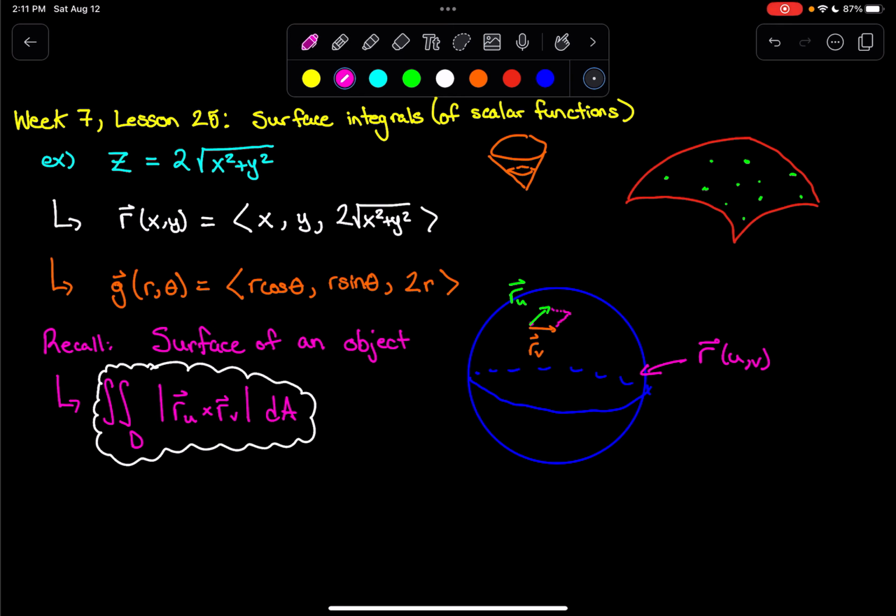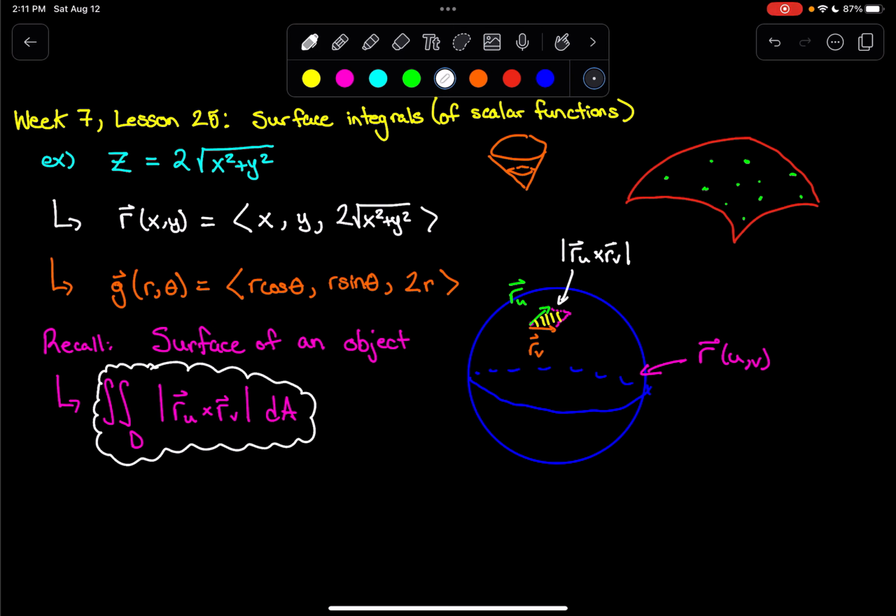Then we can approximate the area of this part of our object, just this part right here, by using the magnitude of the cross product. The magnitude of the cross product of those two tangent vectors gives us the area of this parallelogram, which on a microscopic scale is roughly exactly the area of the surface of this object.